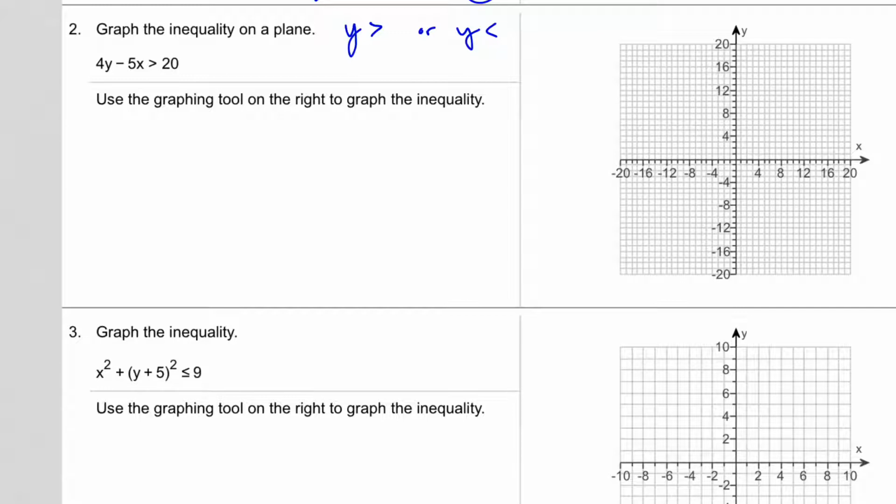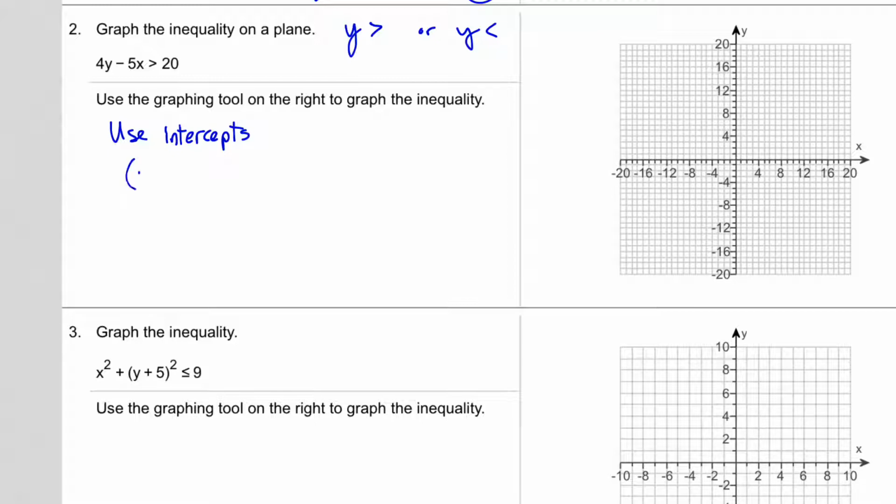But I'm not going to do it this time because I want to show you the test point method, which works when sometimes you cannot solve for y. That allows us to test some points above or below. In this case, we can use intercepts to graph. These are really easy to find in this particular case because the coefficients 4 and 5 are both factors of 20.